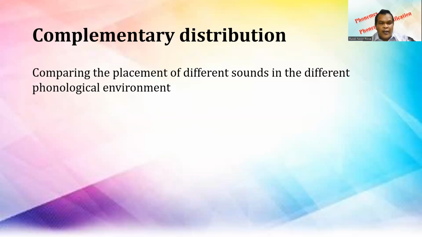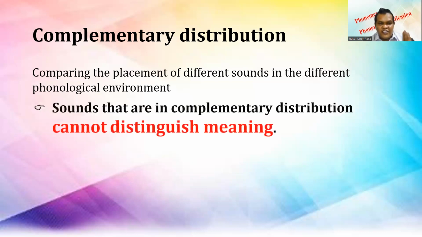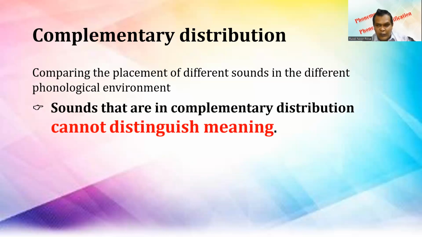Now let's see that sounds that are in complementary distribution cannot distinguish meaning. In other words, whenever we find that the sounds are in a complementary distribution, those sounds are not phonemes.